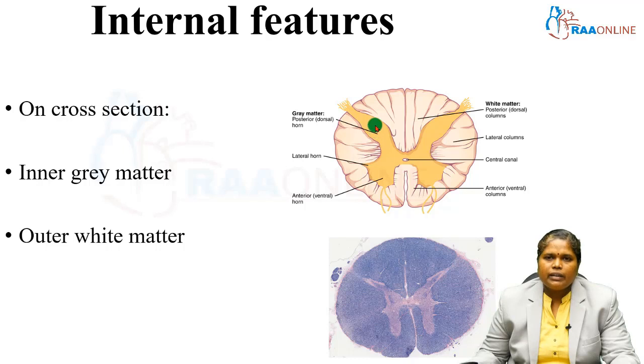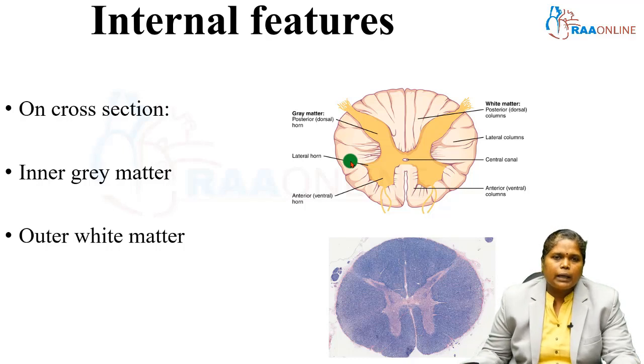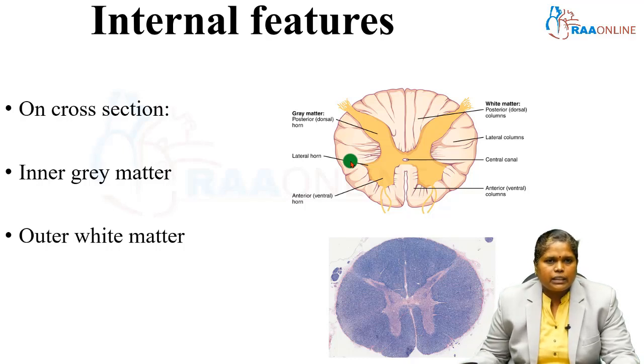So that's why we have inner grey and outer white matter. Inner grey matter is due to the presence of cell bodies of neurons. The outer white matter is due to the presence of nerve fibers, the axons, which are myelinated and give this white appearance. So what happens in the cerebrum and cerebellum?